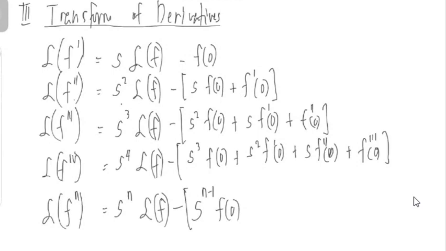Hindi ba? So, ang kasunod nito, S to the N minus 2. Pero yung order ng derivative ng function of 0, tumataas. Bumababa yung exponent ng S, tumataas yung order ng derivative. Hindi ba? So, ibig sabihin, ano yung kasunod?